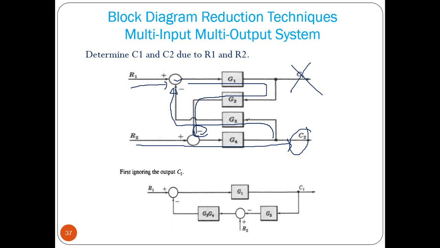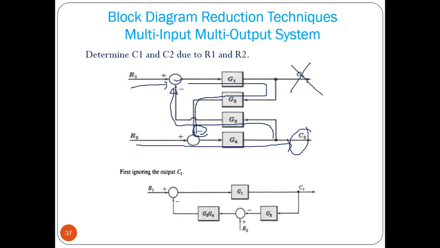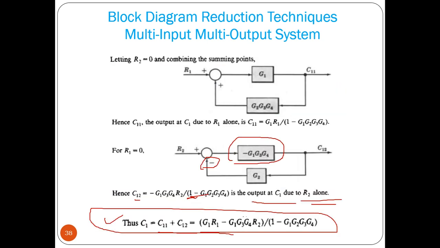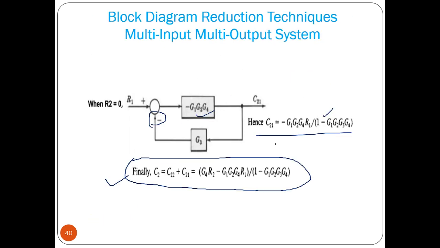Then another output we have to take into consideration, make the other output equal to 0, ignore that output, and find out the output due to the two inputs or three inputs, whatever. So this is the way we can solve it, but this is a very difficult way to solve for a multivariable system.